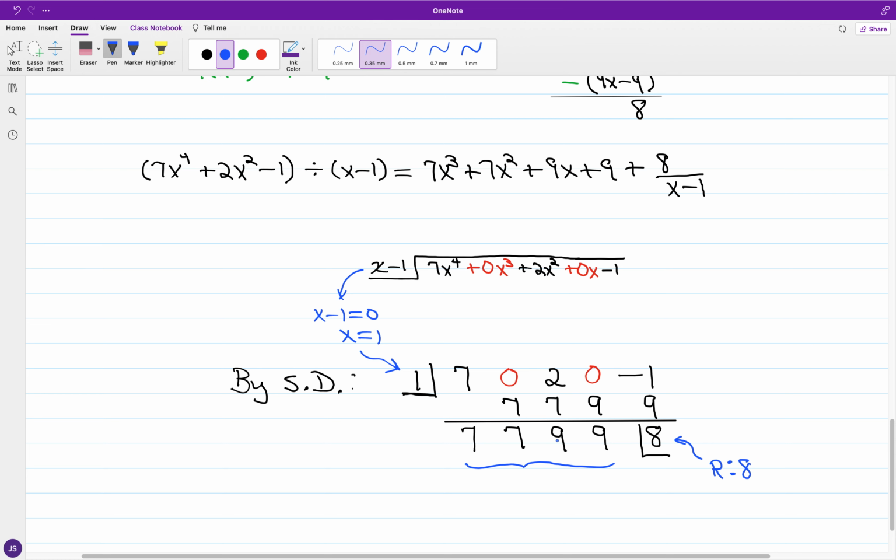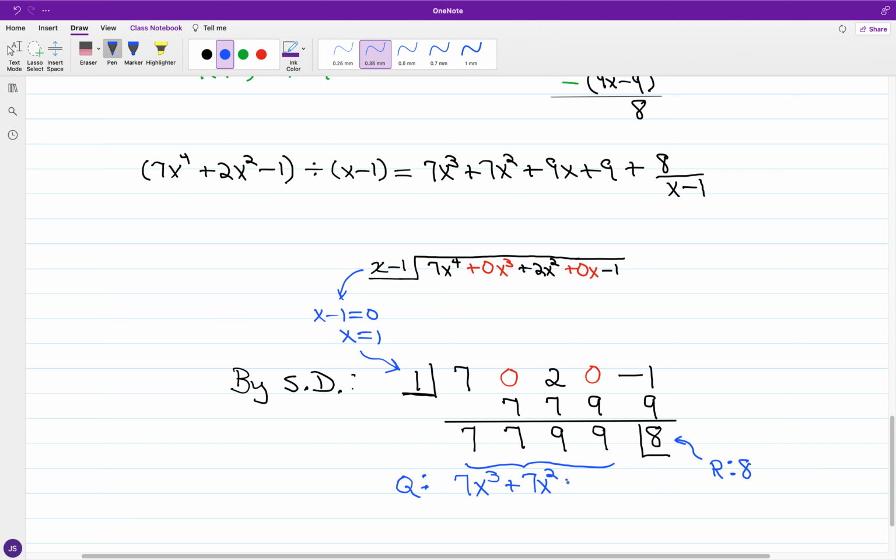And for the 7, 7, 9, 9 expression, those are the digit representations of variable terms in the quotient. Notice the 7, 0, 2, 0, negative 1 was in reference to the setup for 7x to the 4th plus 2x squared minus 1. And the 7 at the top referred to 7x to the 4th. But after bringing down 7, the degree of the variable represented goes down by 1. So this leading 7 is in reference to the first term of the quotient, which will now be 7x cubed. Next will be 7x squared.